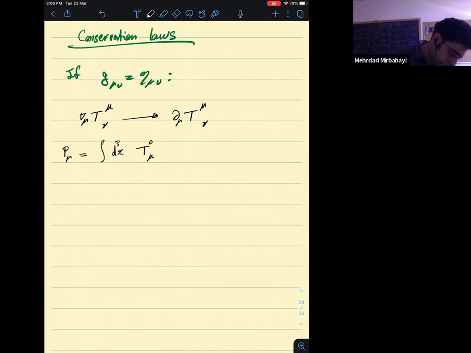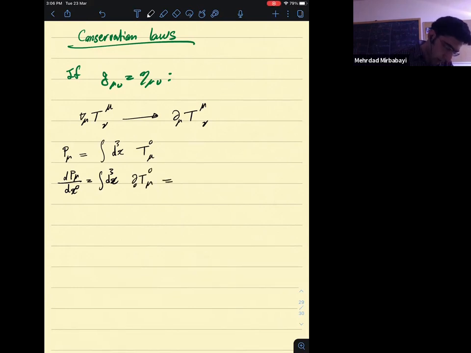Why? Because if I take the derivative of this P mu with respect to time, which is x0, that is integral d3x, which is integral over x and y and z, the spatial coordinates, that becomes d0 of T0 mu.